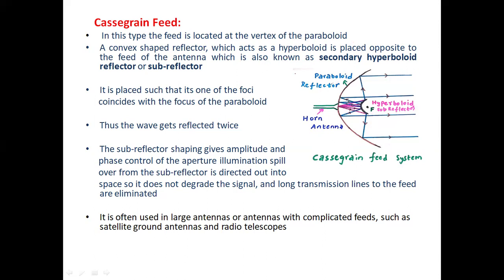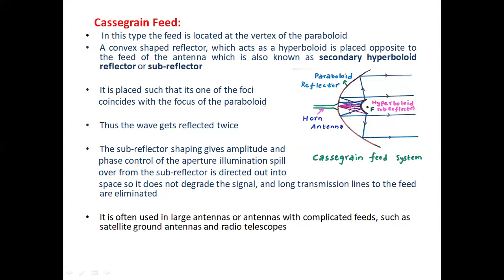The type of subreflector we have used here is of convex shape, and it is called the secondary hyperboloid or subreflector. It is placed such that one of its foci coincides with the focus of the paraboloid. That means the focal center position of this main reflector and this subreflector should coincide.